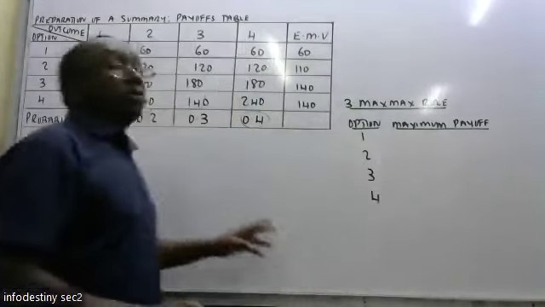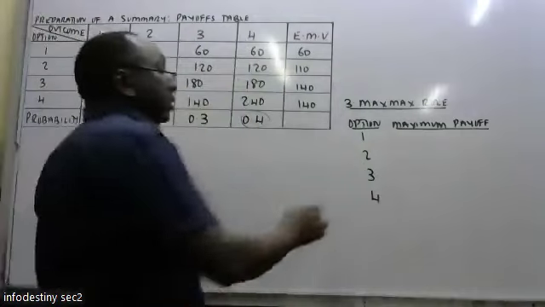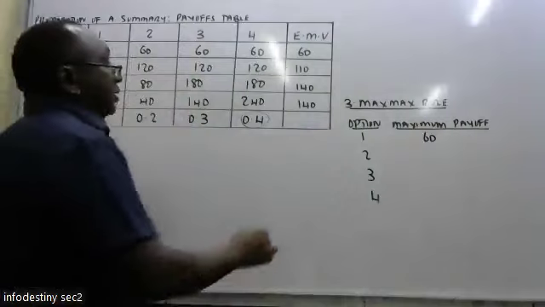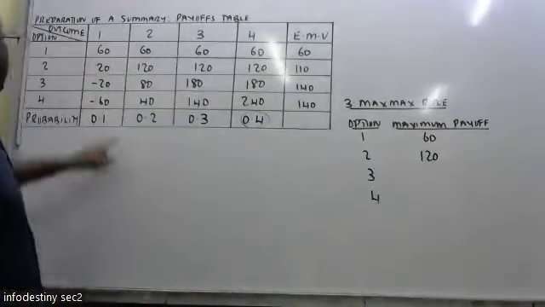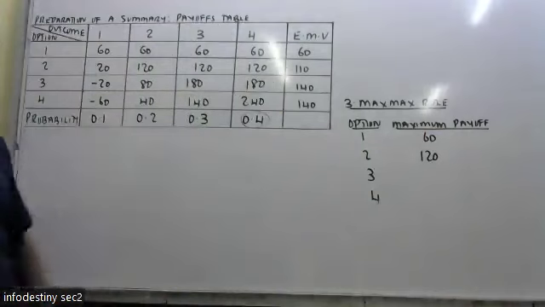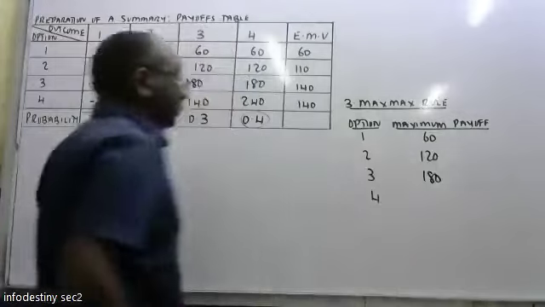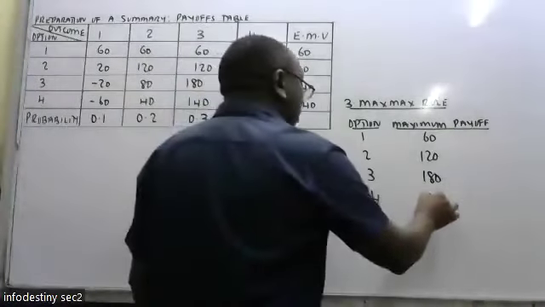When you go to option 1, the maximum payoff there is what? 60. Option 2, the maximum payoff is 1. Option 3, the maximum payoff is that, your margin. And 240.